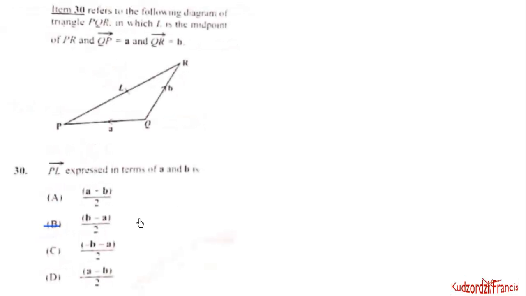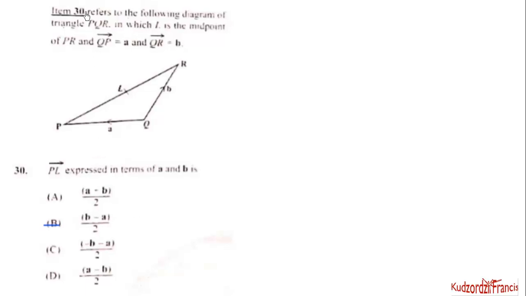Now let's look at the 30th item. It refers to the following diagram of triangle PQR, in which L is the midpoint. So this is the midpoint of PR. This is PR, and QP is equal to A and QR is equal to B. Vector PL expressed in terms of A and B is, so we know PL is half of PR.